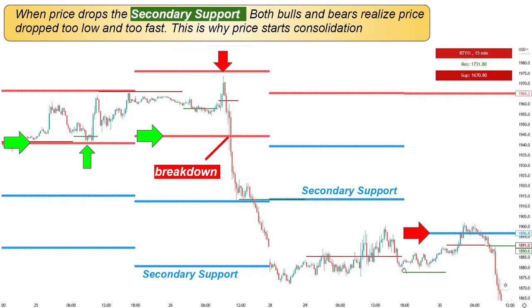So we opened the day under the daily support, but we failed to recapture that level. We tried to move price into the daily range in between the daily resistance and daily support. We failed, and that failed move up becomes a start of a new move down.